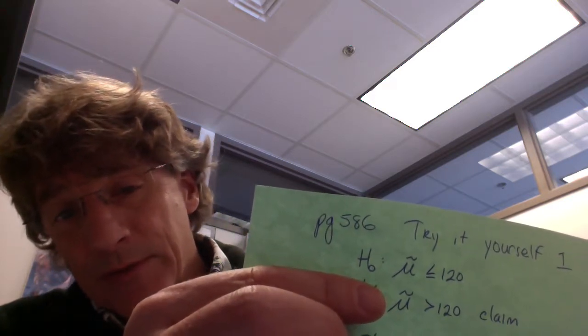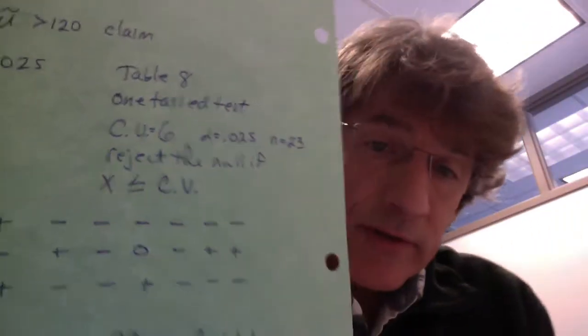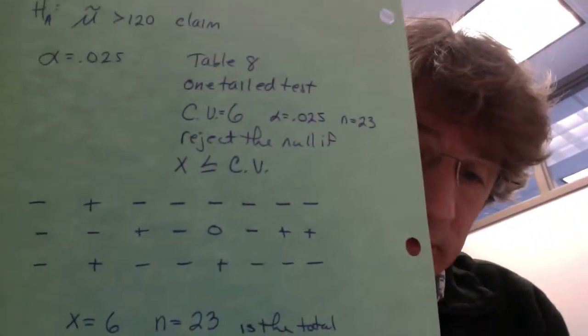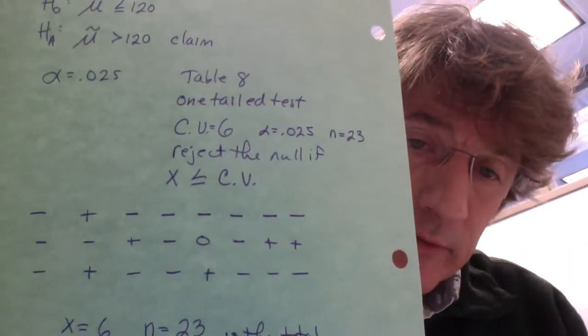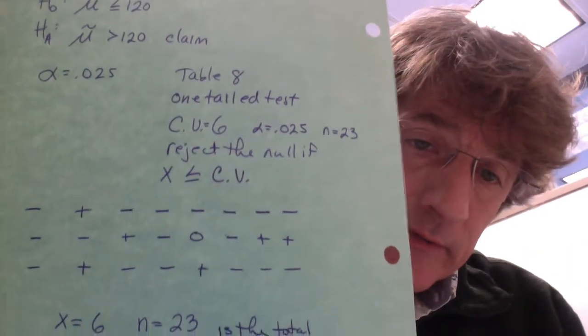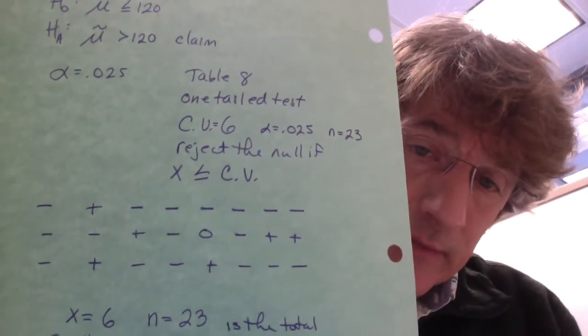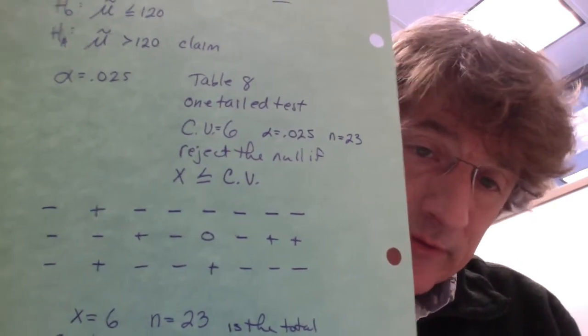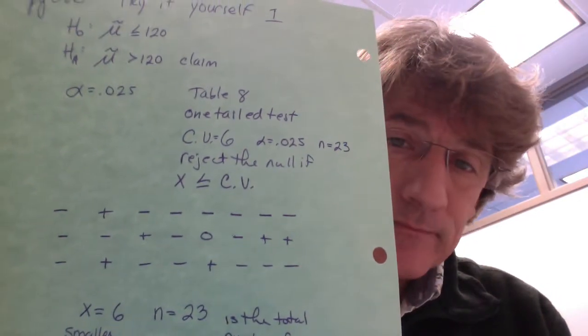And when you read through the problem, you'll see that that's the claim. So what I've done is I've looked at each one of the data points in the table that's attached to the problem. And if it's above 120, I gave it a plus. If it's below 120, I gave it a minus. And then if it's the same, I gave it a 0, and I did it from left to right, and I tried to match the table number for number.